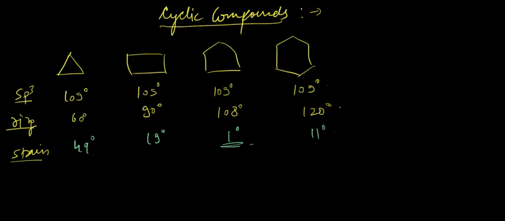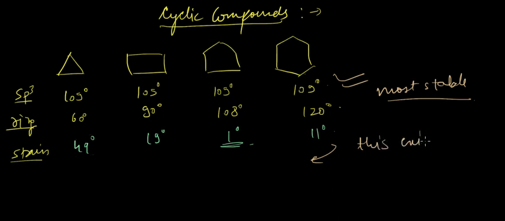But the counter case is this is the most stable, and I'll tell you the reason why: this actually exists in chair form. By chair form I mean that this exists somewhat like this.